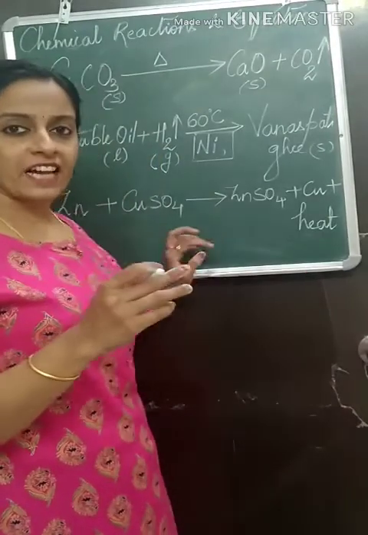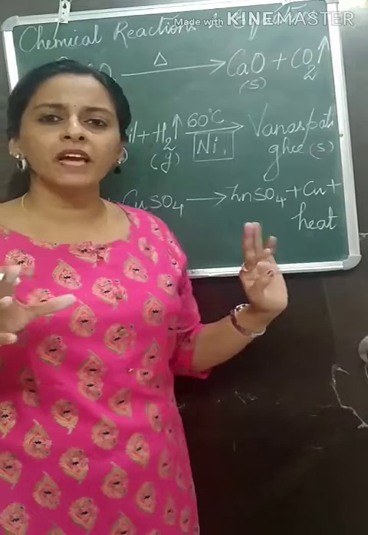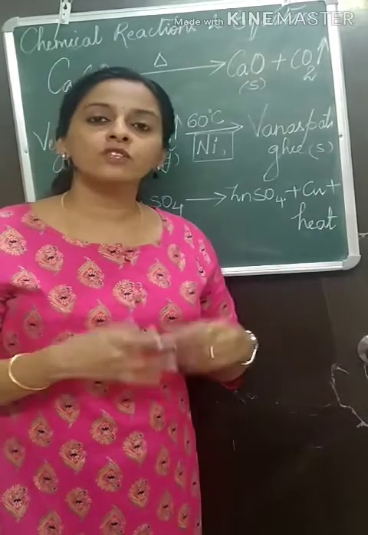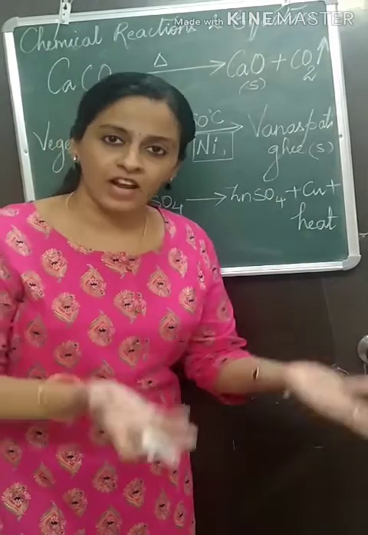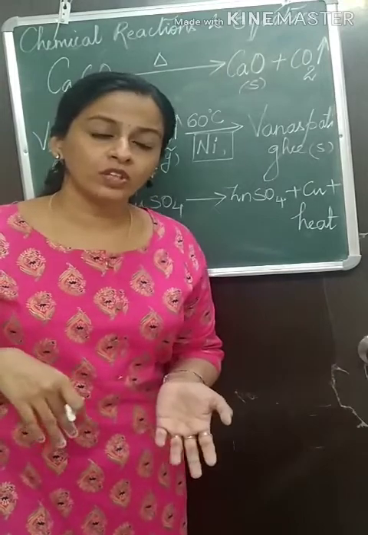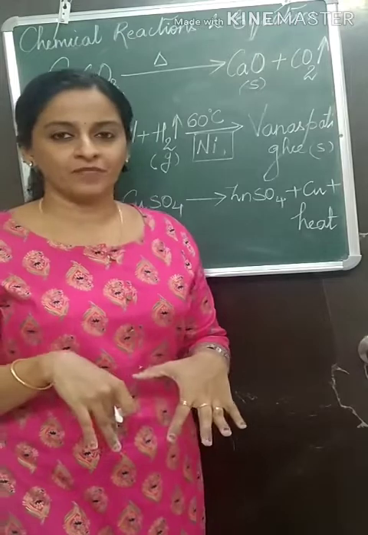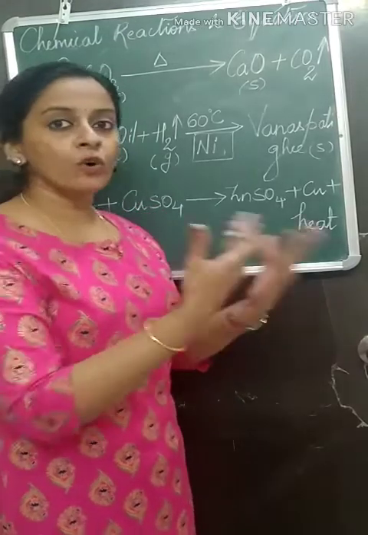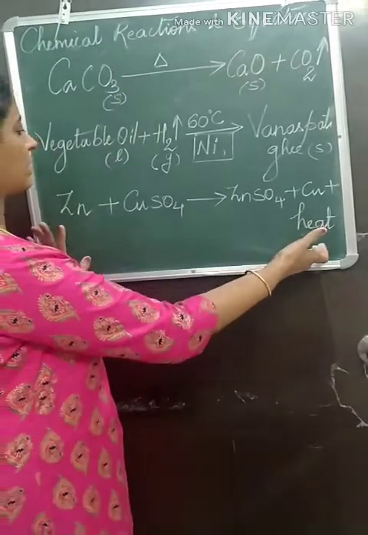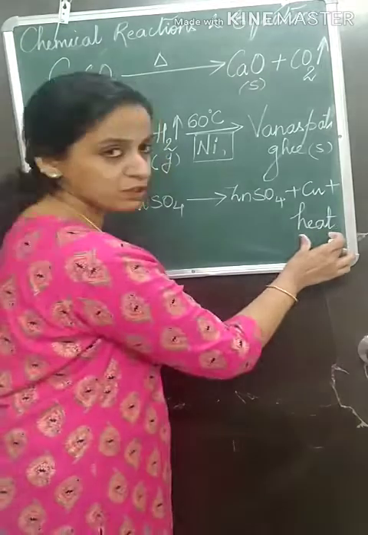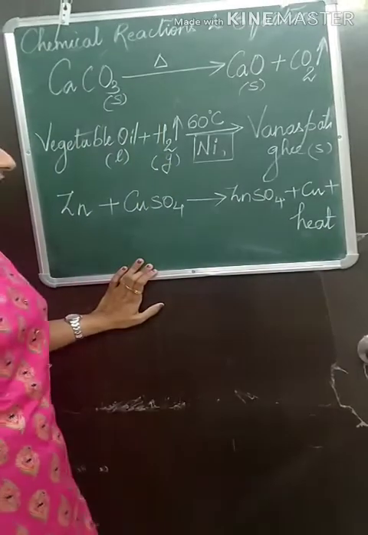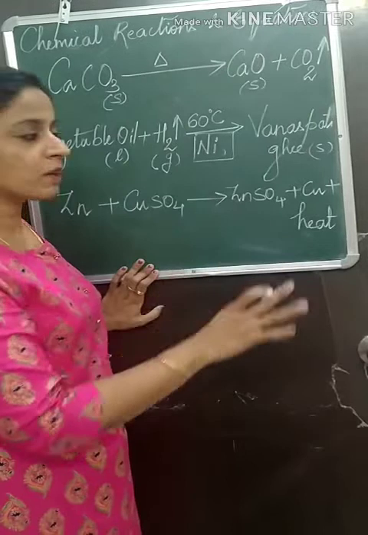Thermal means related to heat. Exothermic means heat is given out. What is the opposite of exothermic? Endothermic. Endothermic means heat is taken in. So heat is evolved, given out: exothermic reaction. So specify the heat part also in the chemical reaction.